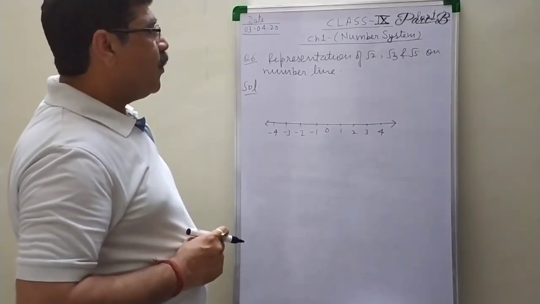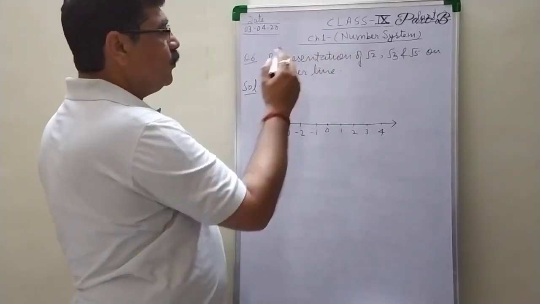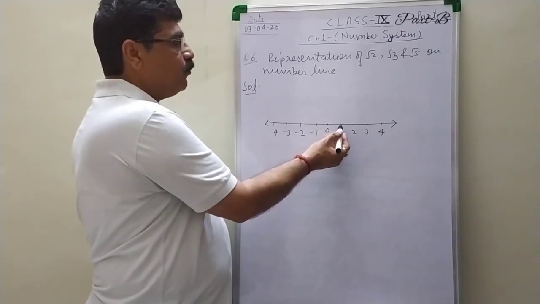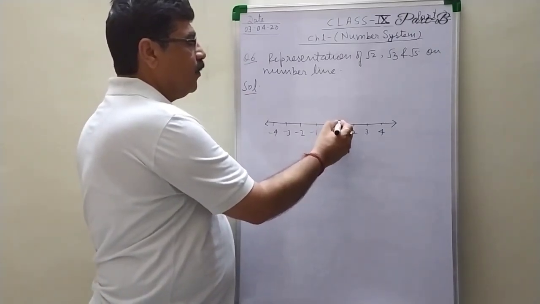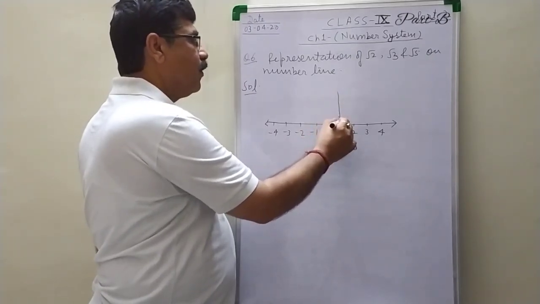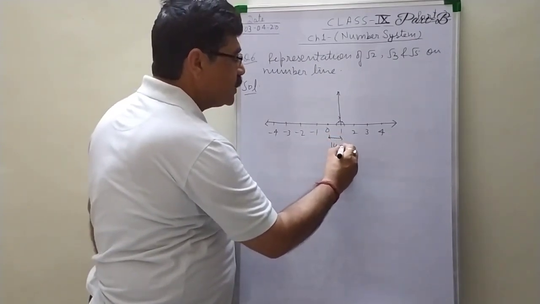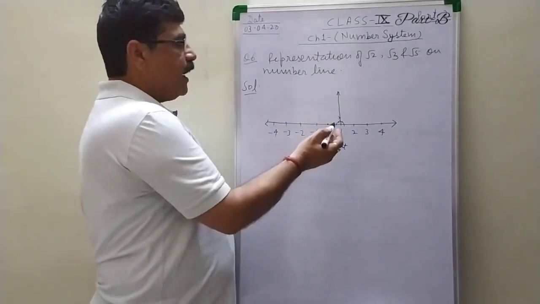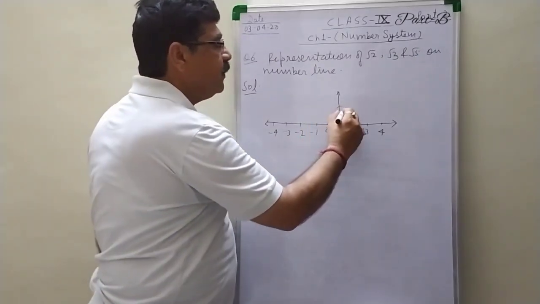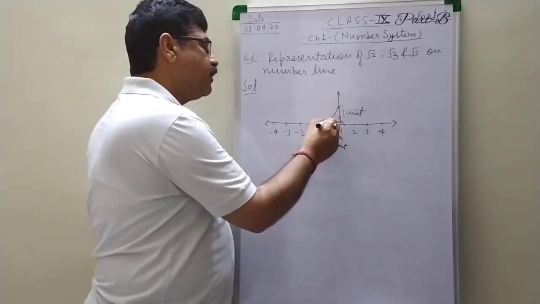We measure all distances from 0. For root 2, we make an angle of 90 degrees at point 1. This is called 1 unit distance. And from this point, we cut the same distance, which means this is also 1 unit. And join this point.